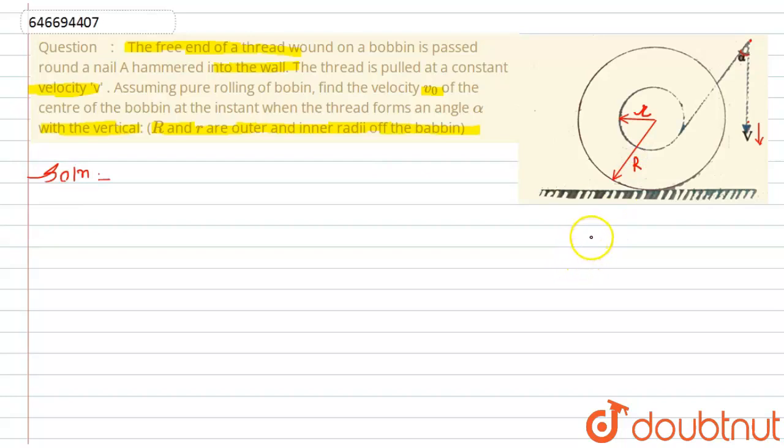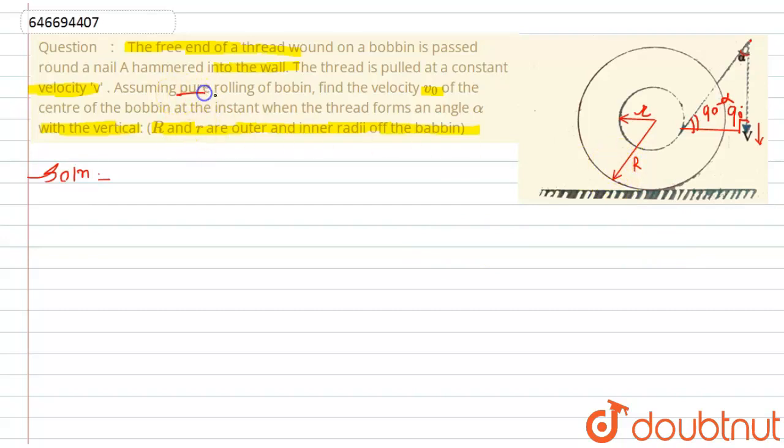First of all, let us draw the horizontal line. As this angle is alpha and this angle will be 90 degrees, can I say that this angle will become 90 minus alpha? Now as per the question, the bobbin is doing pure rolling.